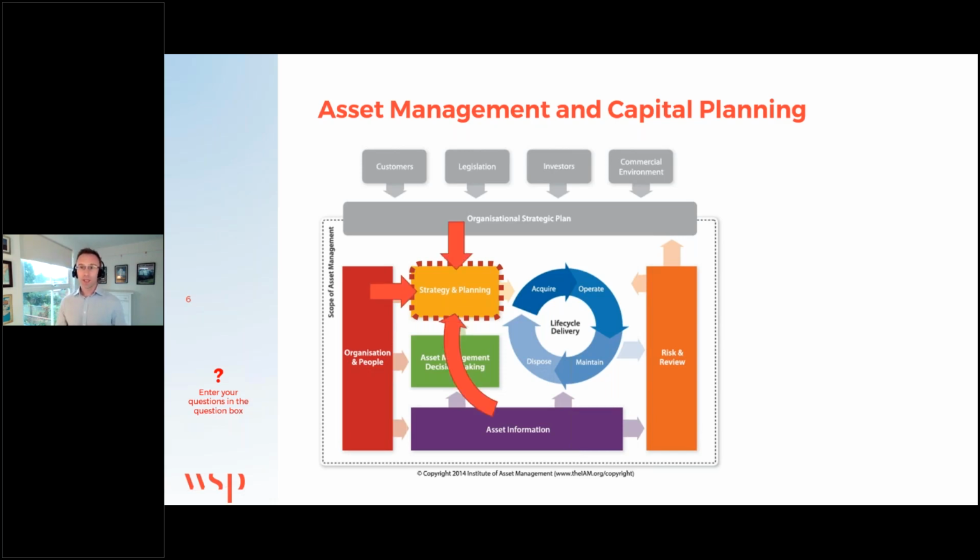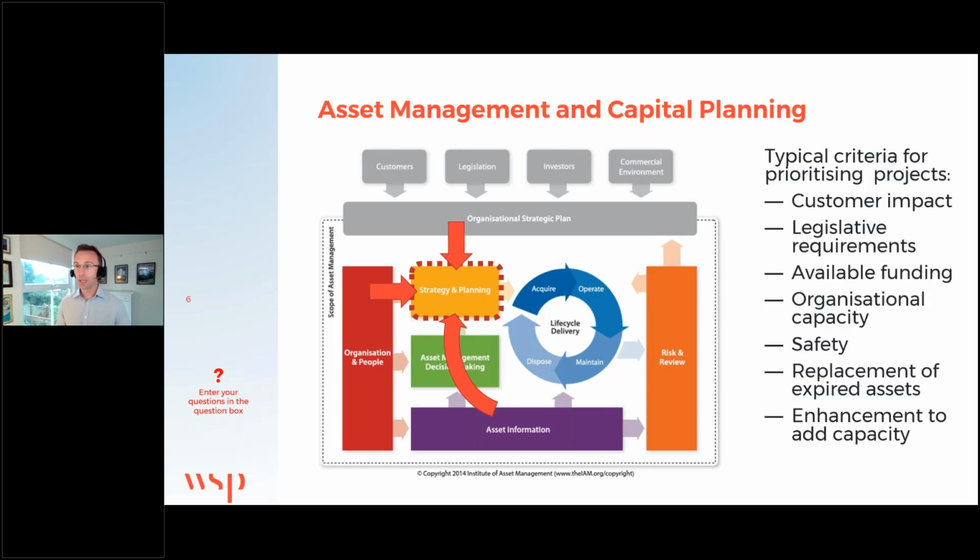Typically, the strategy and planning department, or people undertaking those roles, have to take information from the organizational strategic plan. They're taking information from the people that they work with, and also information about the assets.